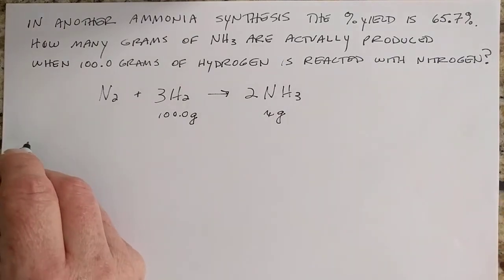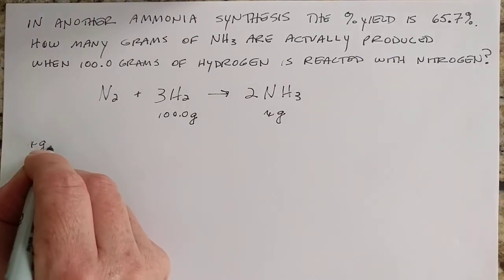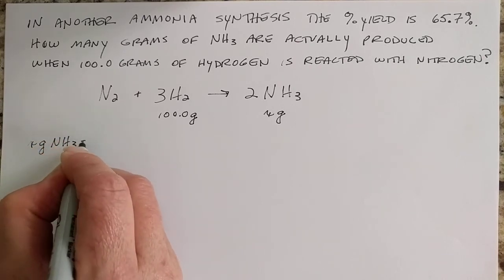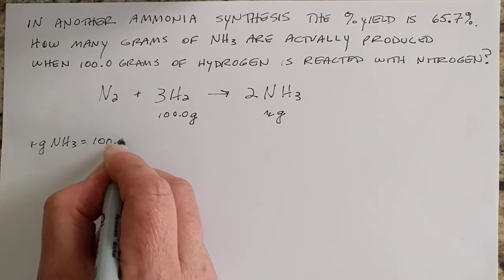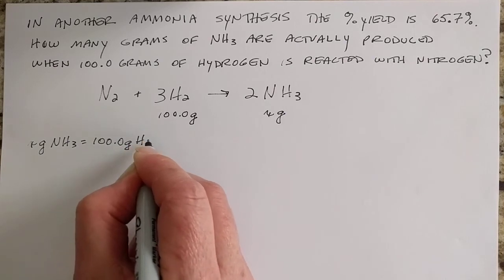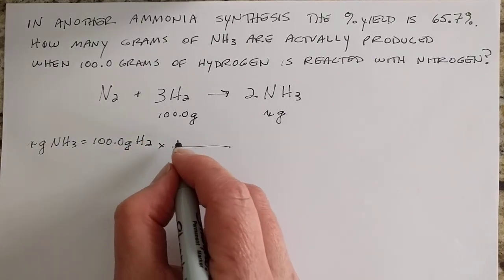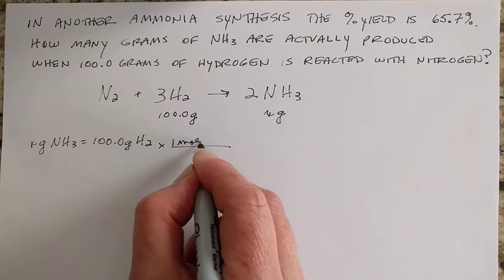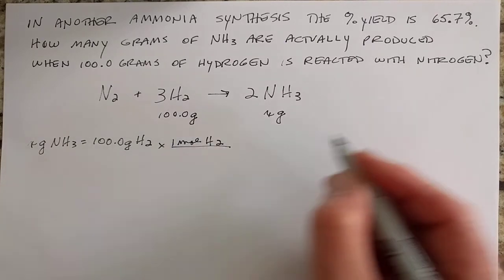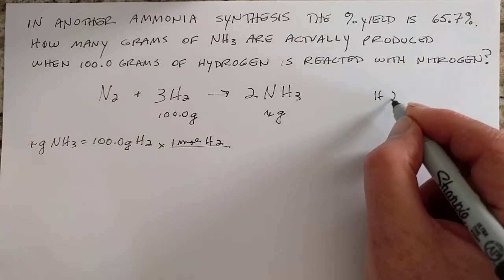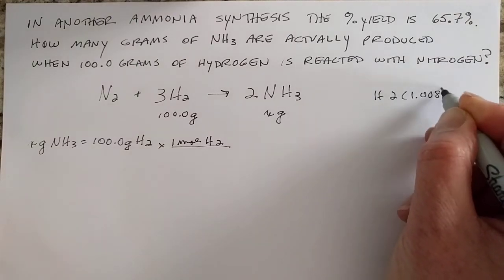Okay, dimensional analysis. X grams NH3 equals 100.0 grams of H2. We need our molar mass calculation to get rid of the grams. 1 mole of H2. All right, H2, we have 2 atoms of hydrogen.